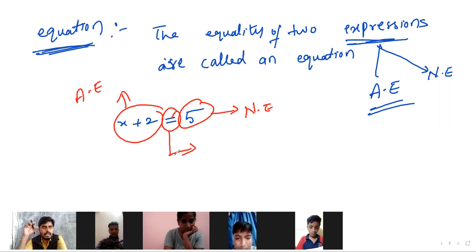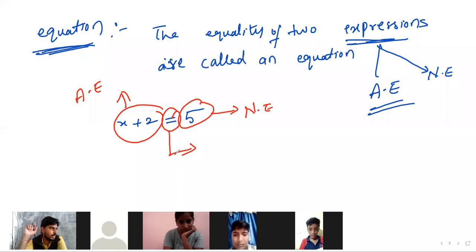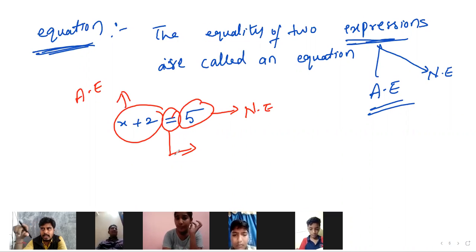If the equality symbol is involved, only then can we say it is an equation. If it does not have an equal symbol, it is not an equation. It is an algebraic expression.